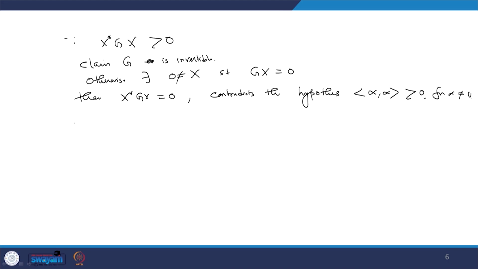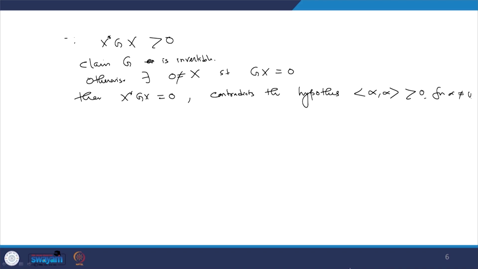Therefore, G is invertible. So, we have seen G is invertible, G is Hermitian, and all the diagonal entries G_jj are positive quantities, and G is also positive definite. So, for a given inner product we are able to produce an n cross n invertible matrix, which is also Hermitian and positive definite.